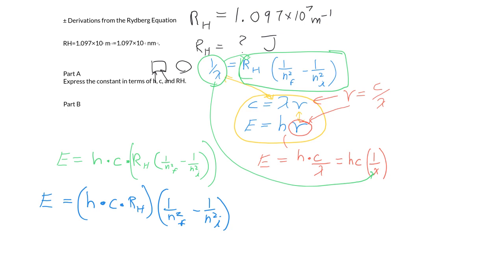So what does this show us? Well, look at what we have right here. We learned in lecture that the change in energy is equal to the joules value. We'll make that in joules.